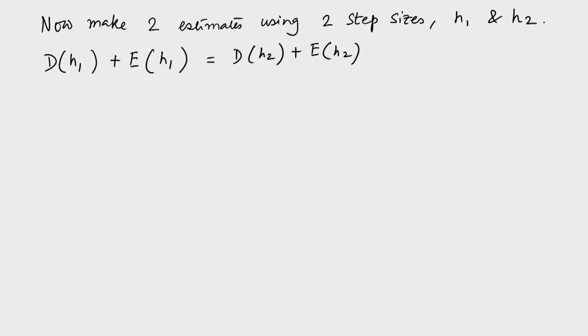So, we choose h1 and h2 such that the second derivative, f double prime x, is independent of the step size. Because this second derivative will come into the expression of the Taylor expansion, and if that becomes independent of the step size, then we can write this for two different choices of h1 and h2.